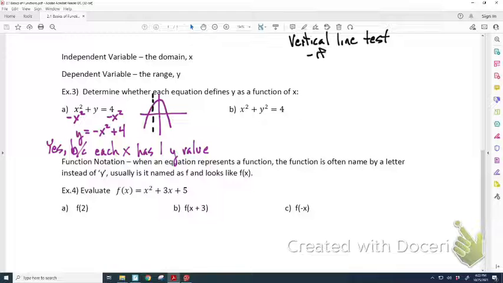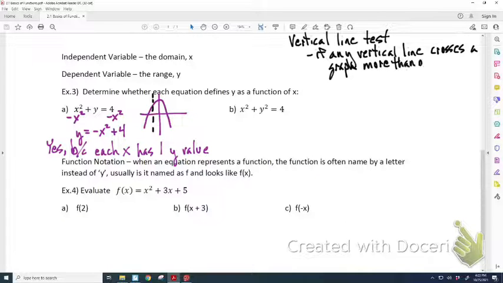If any vertical line crosses a graph more than once, it is not a function.